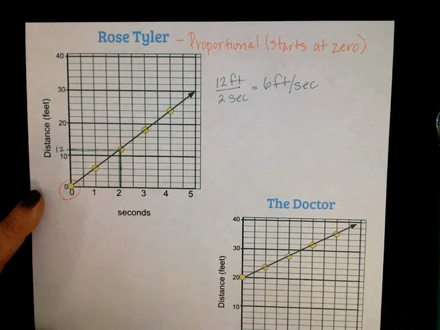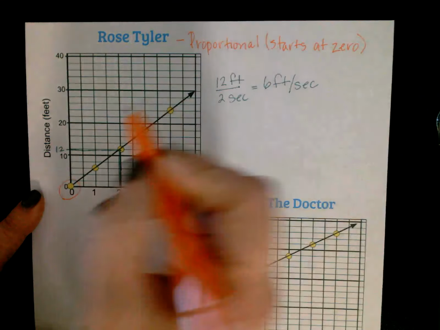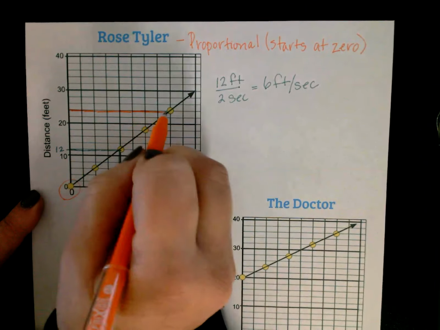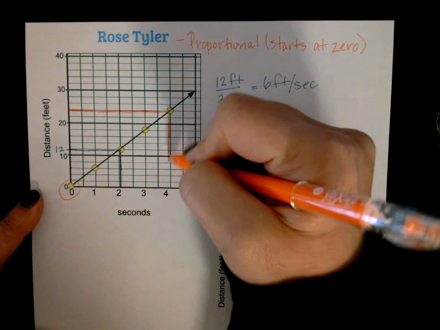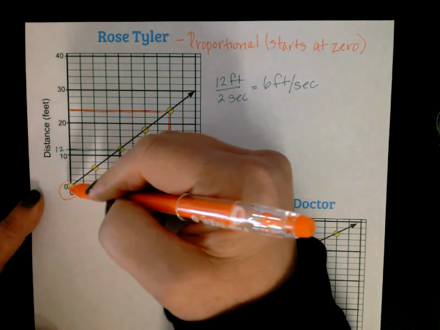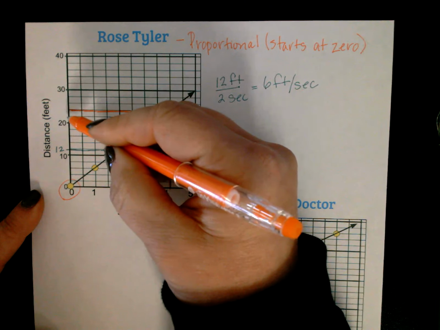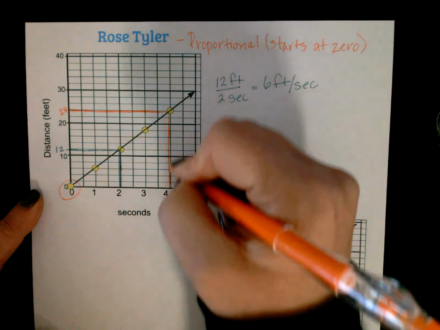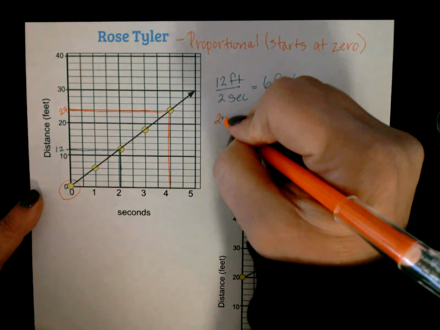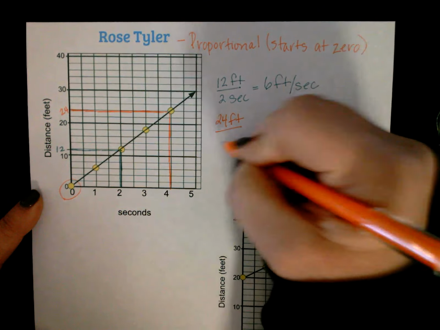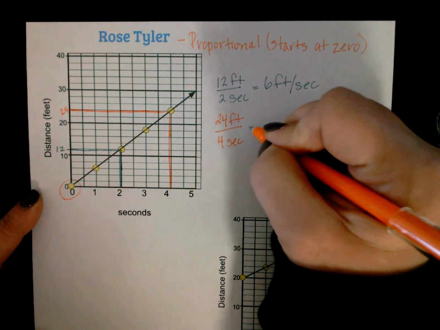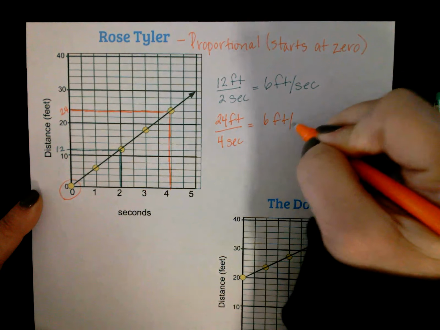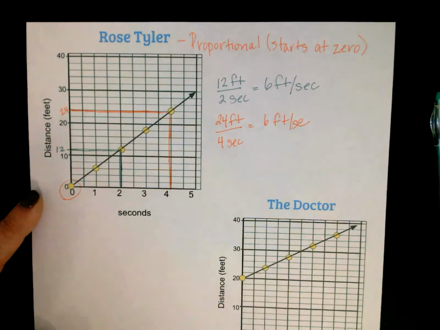I could pick a different set. I could go way up here and look at that point. I can see that at 20, 24 feet in 4 seconds. She still would be traveling 6 feet per second.